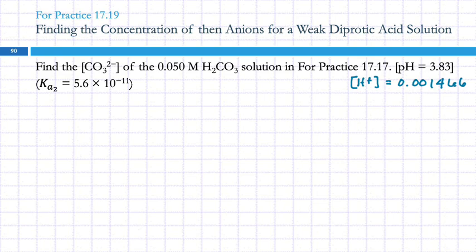But now we want to know the carbonate concentration. So if we were starting from scratch here, if we hadn't already done that problem, we'd have to do an ice table here to get this number. We already did that, so we don't have to do it again. So we're just going to look at the second ionization here.